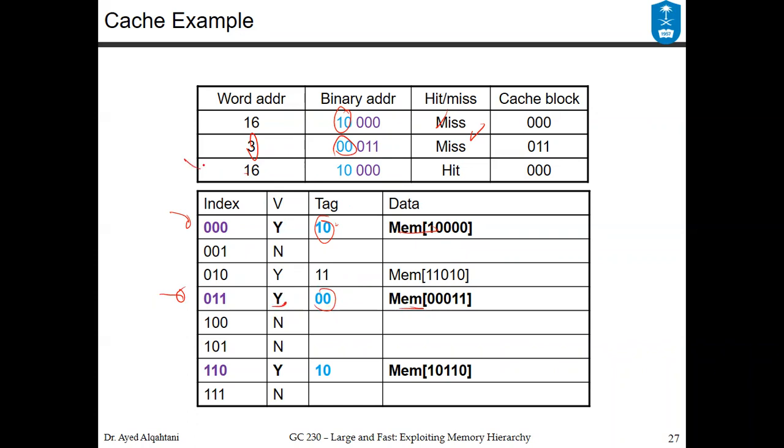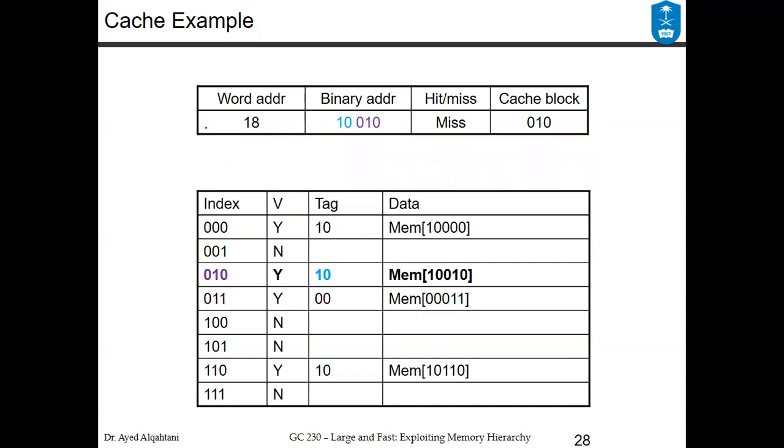The 16, again, we access it, and you know that this is a hit because you go and check the 16, which is in 000 right here, and you compare the tags, and it's a hit because the valid is also equal to 1.